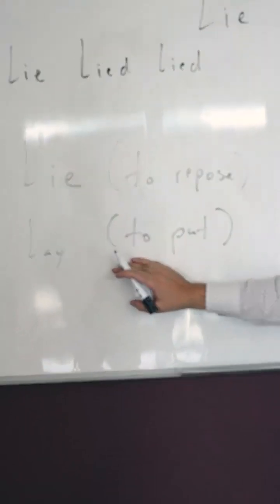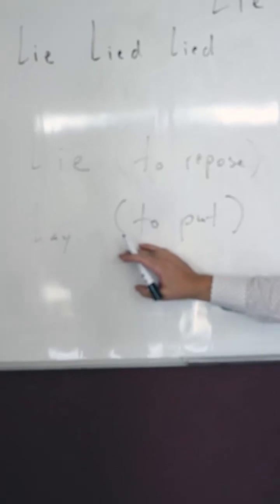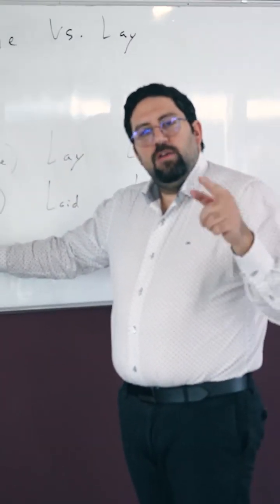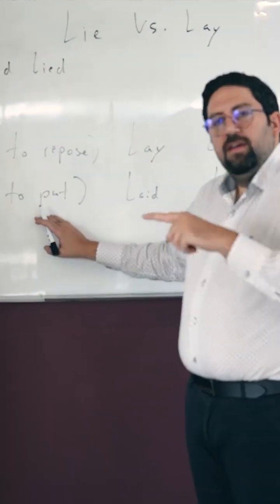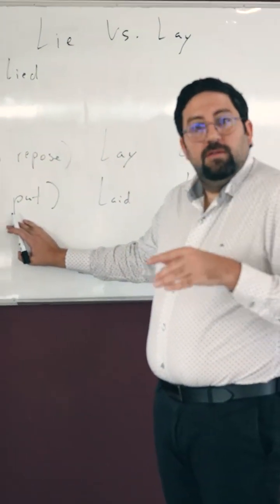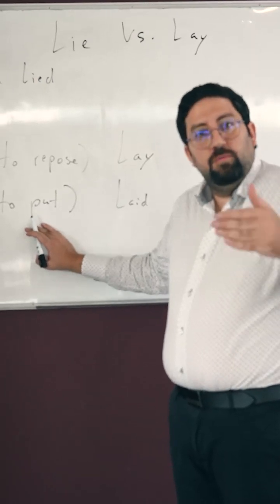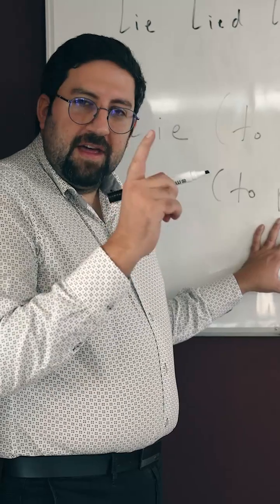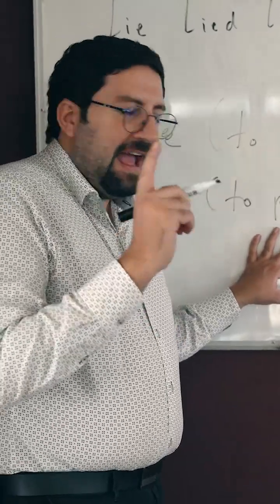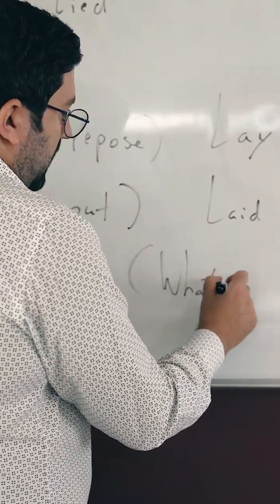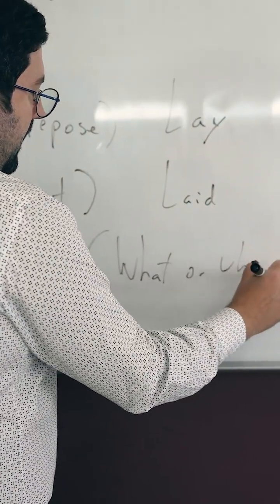A transitive verb like lay is a verb that must take a direct object. It does not make sense without it. You can't go up to someone and tell them, hey, yesterday I put. The first thing they're going to ask you is, you put what? Or you put whom? And that is exactly what lay does. It answers the question, what or whom?